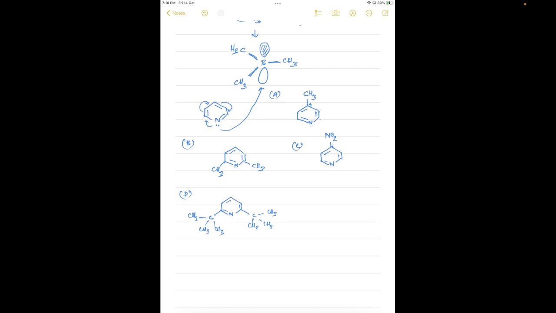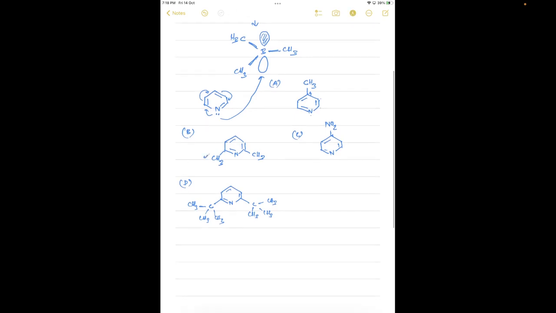Option B has two methyl groups, but they can act as a steric hindrance, so the nitrogen cannot donate its lone pair of electrons easily. Option C has a nitro group at the 4 position, but the nitro group has an electron withdrawing effect, due to the presence of the double bonded oxygen, so the nitrogen lone pair cannot donate its electrons easily.